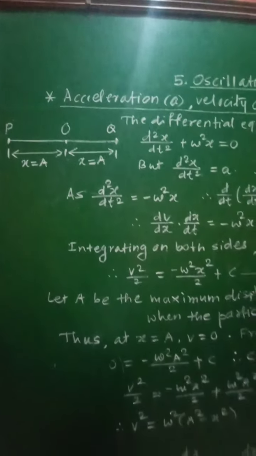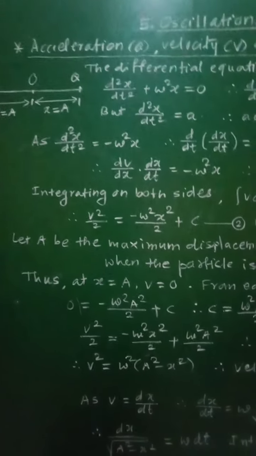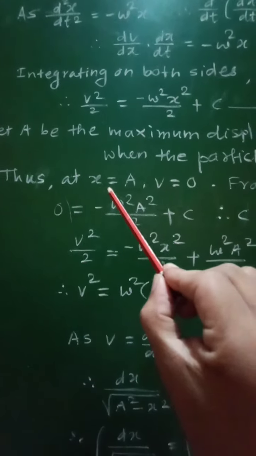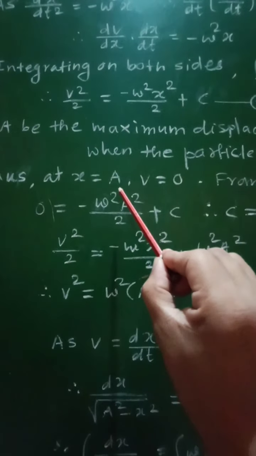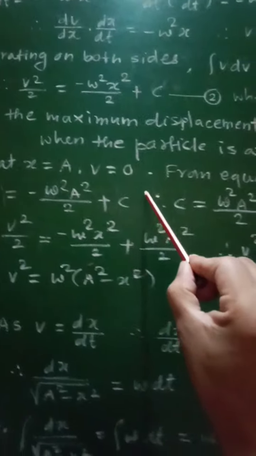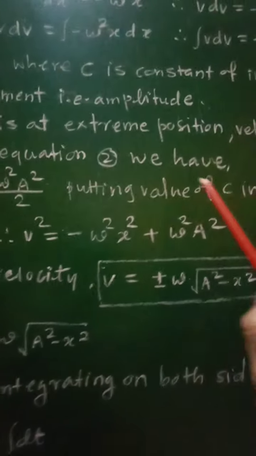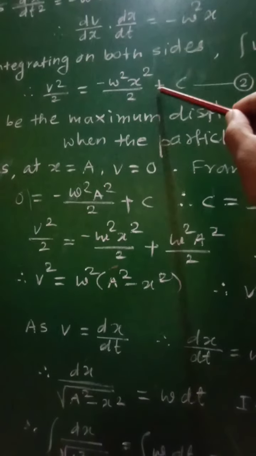And therefore we can say that at extreme position the velocity of the particle performing linear SHM is equal to 0, and therefore we can write thus at x is equal to a, that is at extreme position, v is equal to 0, and therefore from equation 2 we have, so we are having this equation 2 here.